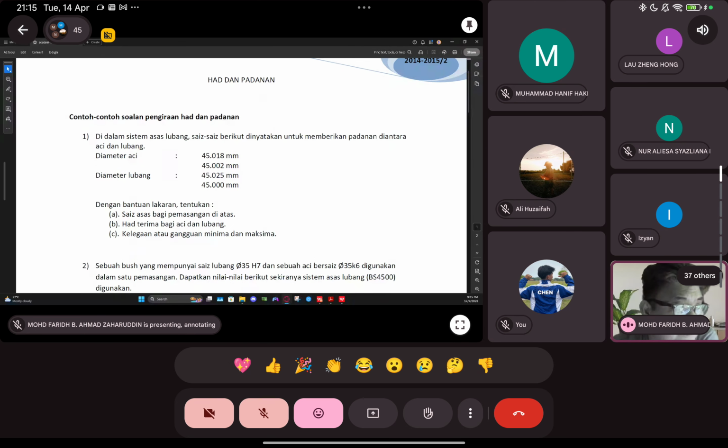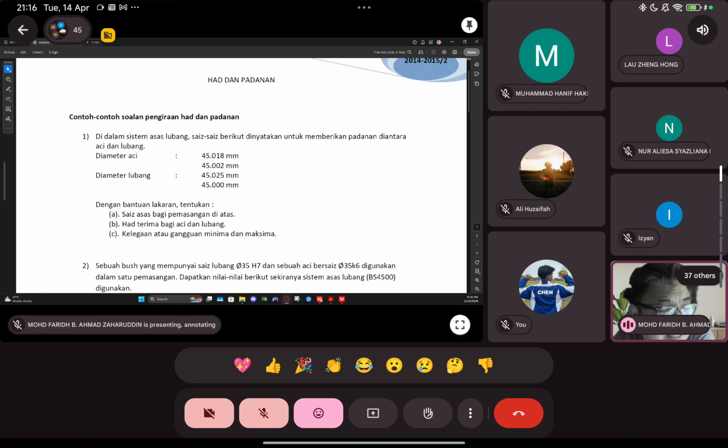Transition fit. Okay, now, what is the maximum clearance value? 0.023 millimeter. Positive 0.023. Okay, let me check. 25. Okay, all right.